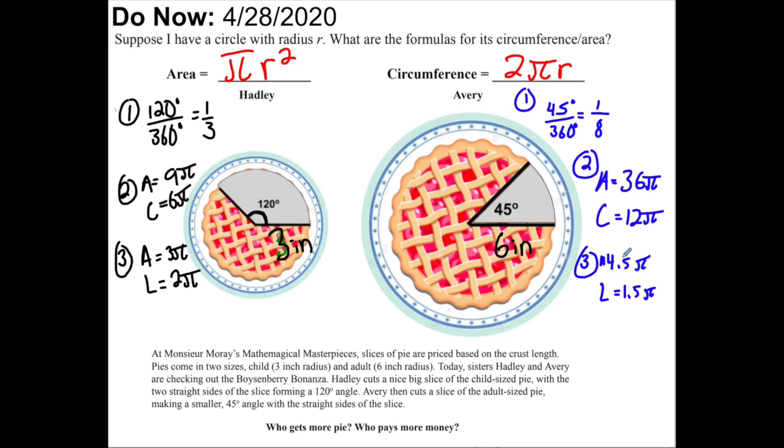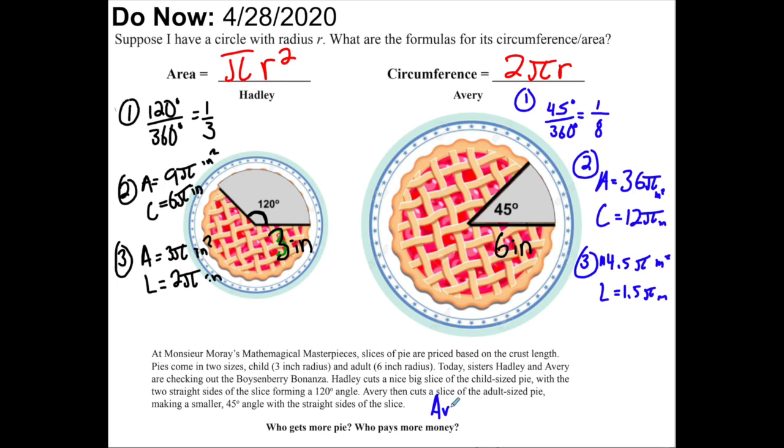We should also be technical and note that any area should be in inches squared, and any circumference or any length should be in inches. So it's inches squared and inches. So who gets more pi?